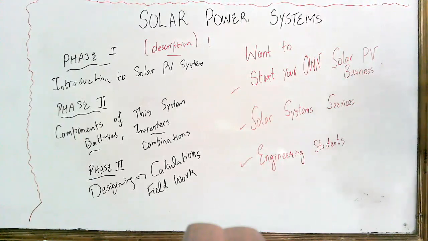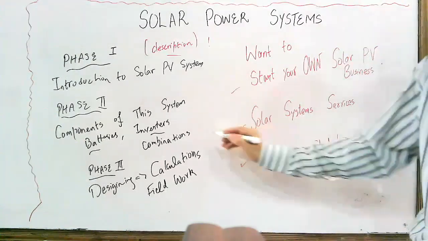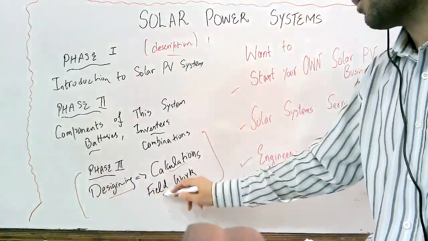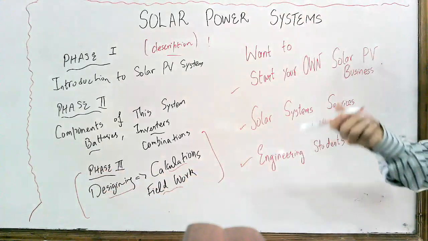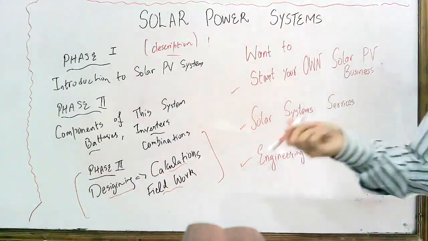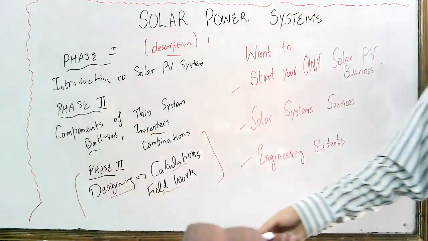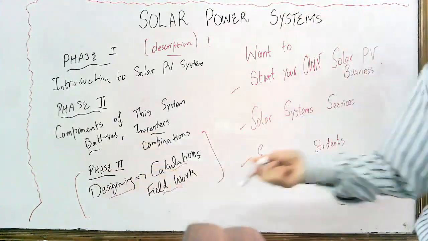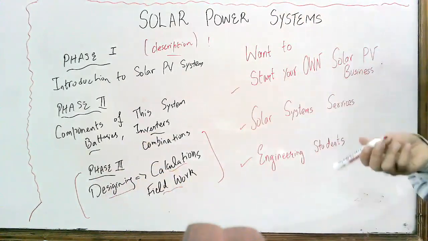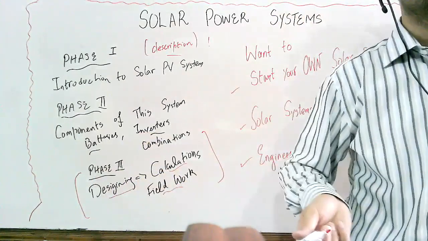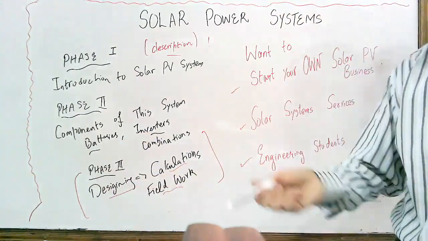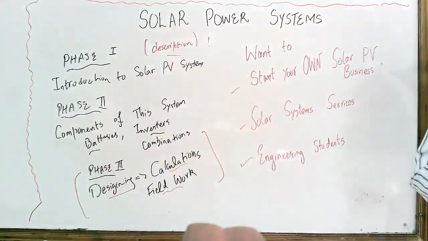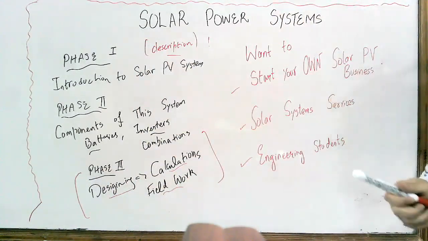Because in the freelance marketplace, this phase number 3, which is the designing and field work calculations regarding the PV panels, the batteries and inverters, most people are interested in getting those calculations done through an engineer. So you can work as a consultant engineer remotely from anywhere if you are able to understand all of these 3 phases.